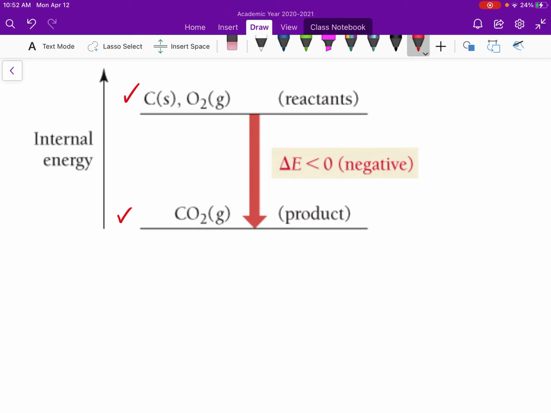So this system lost heat, right? So just to kind of be clear, however much energy the system lost, here the system lost heat to the surroundings, right? Well, how much heat?